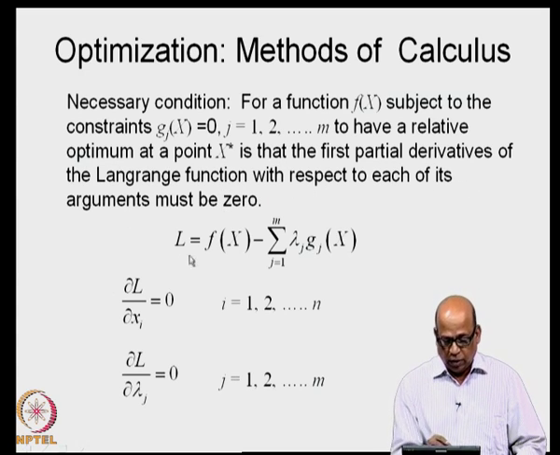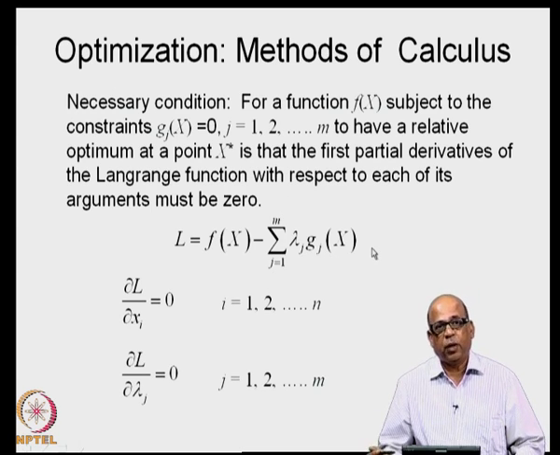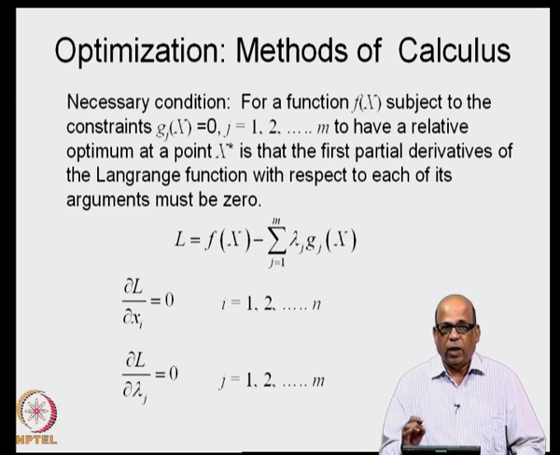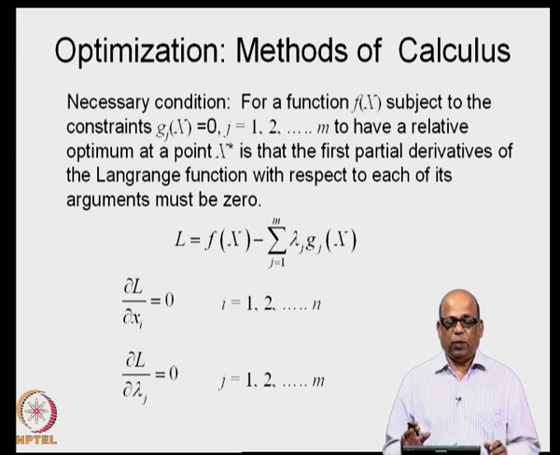So, we have formulated the Lagrangian here, L is equal to f of x minus summation j equal to 1 to m lambda j gj of x. Its arguments are x1, x2, etc., xn, lambda 1, lambda 2, etc., lambda m. First derivatives must be 0.